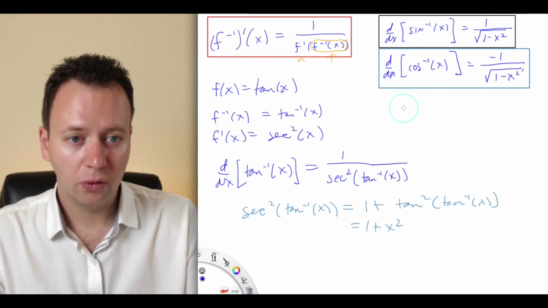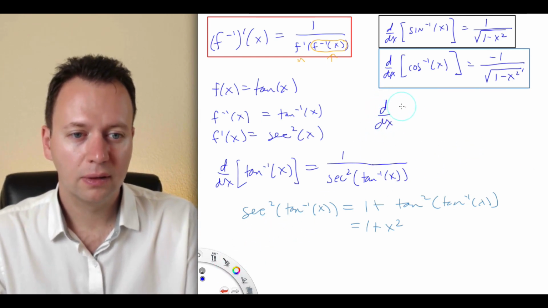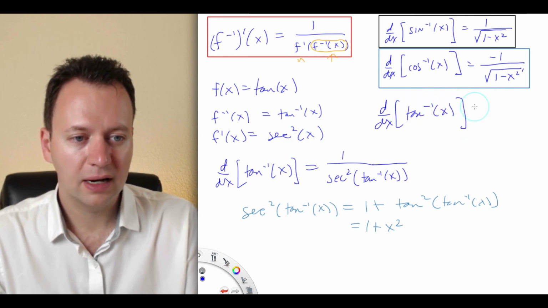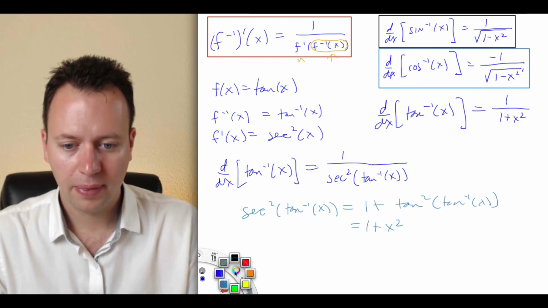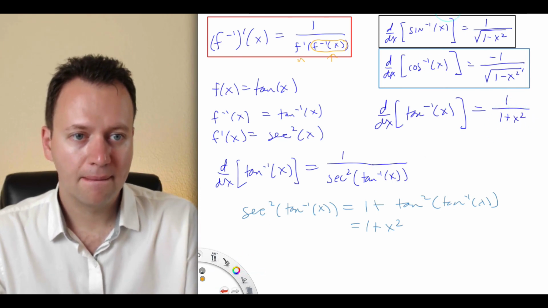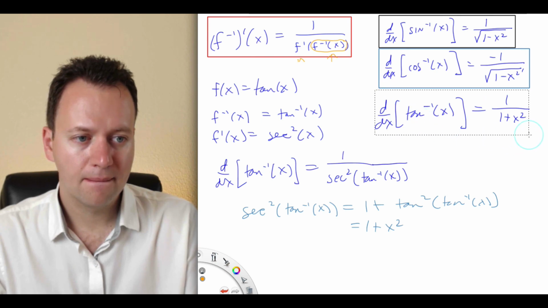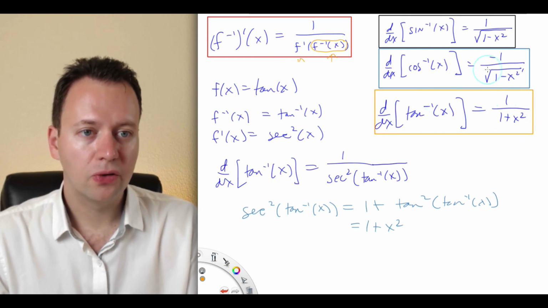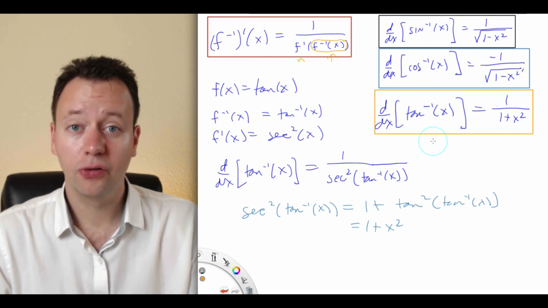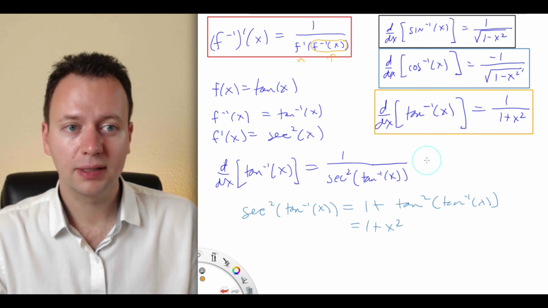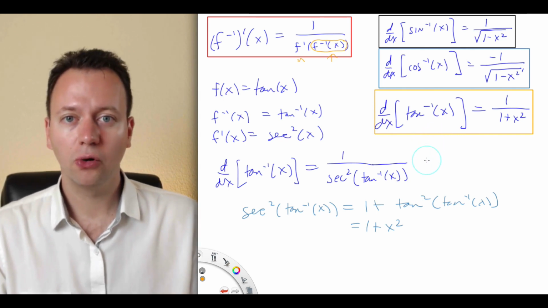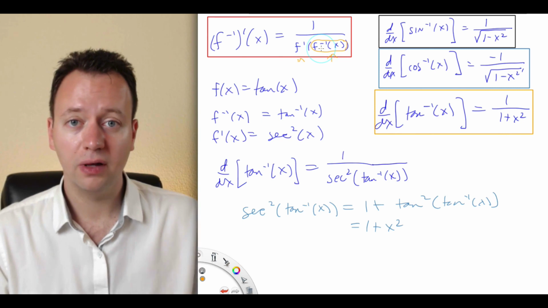And that derivative rule is that the derivative of tan inverse of x, or the arctan of x, is 1 over 1 plus x squared. So those are the derivatives of the three basic inverse trig functions. And they all stem from this general rule for computing derivatives of inverse functions.